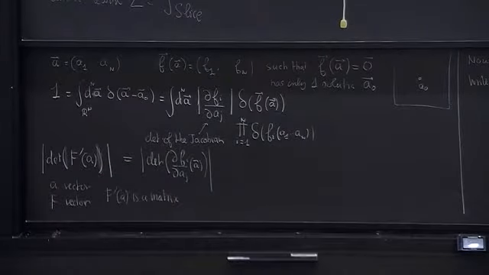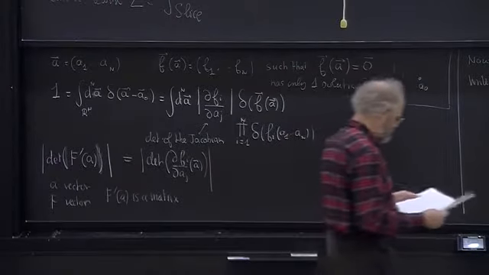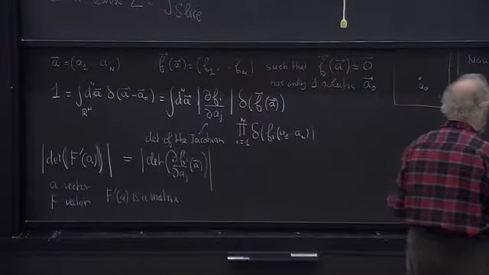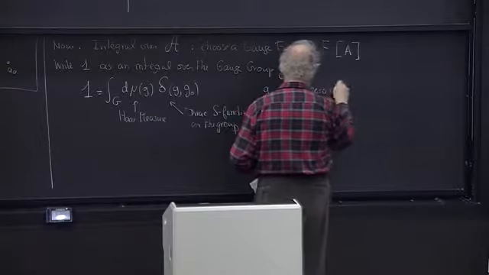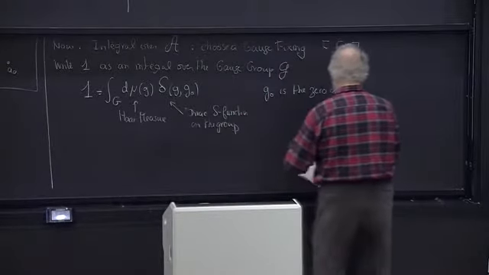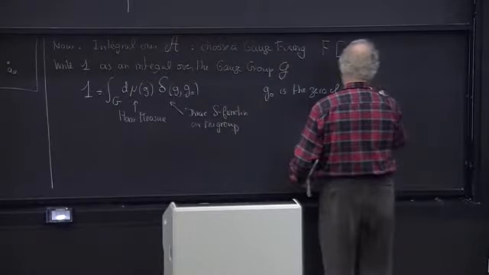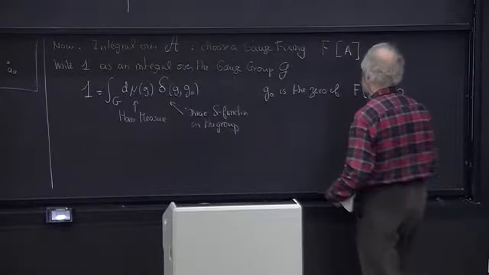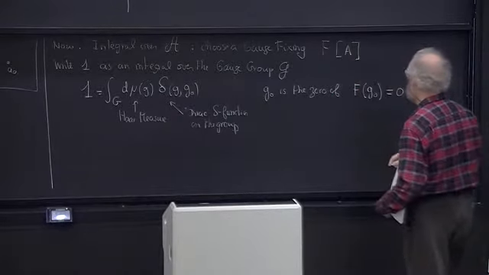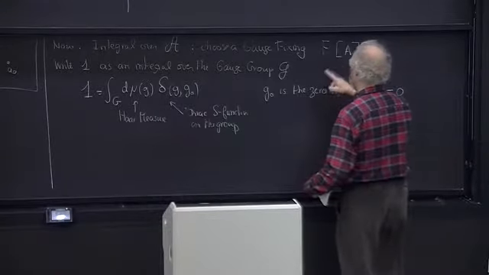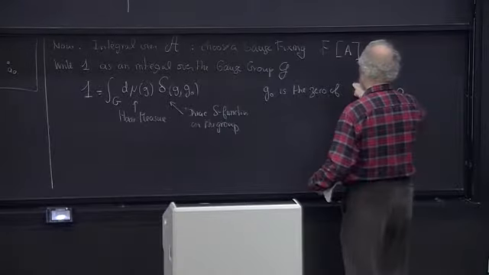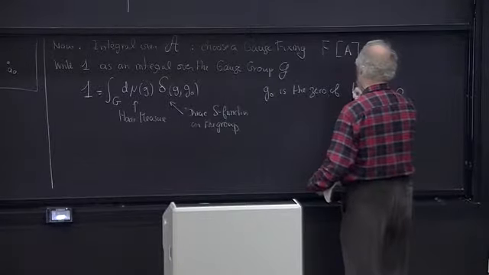Okay. So now assume that G0 is defined by being the zero of a function f of G0. So there is a function f of G0. Well, it's not exactly the same, but let's use the same notation.